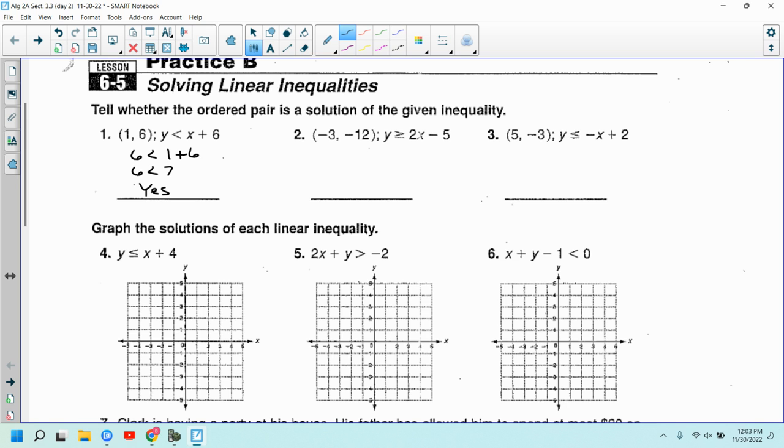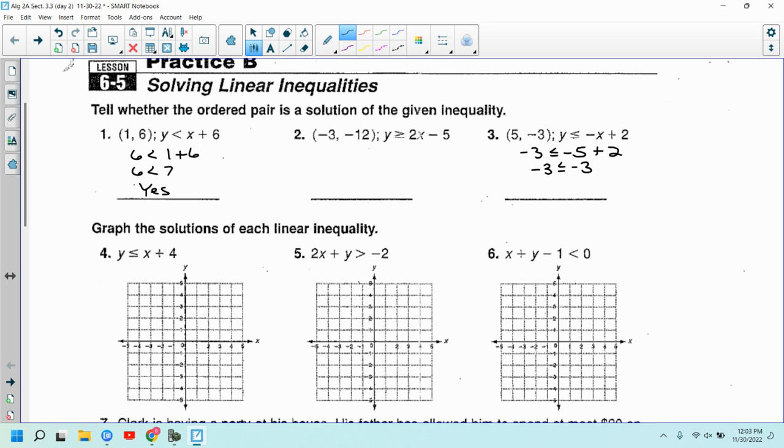So that is yes. Let's hop to number 3 and plug those in. For y, you're going to plug in -3 is less than or equal to minus x, which is -5 plus 2.